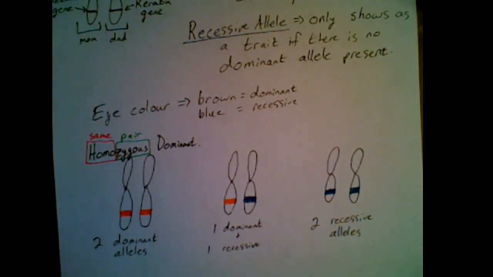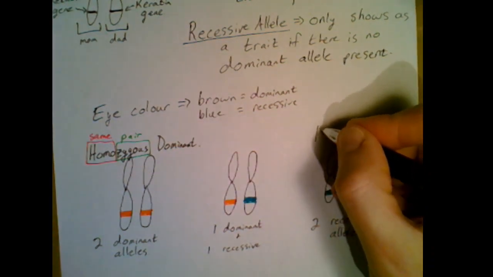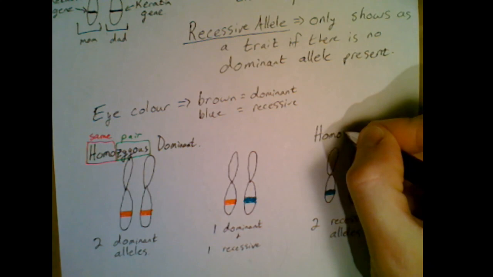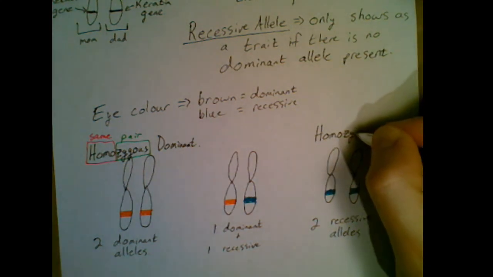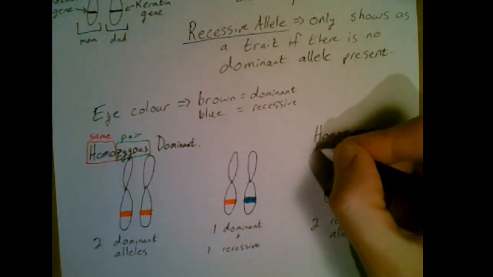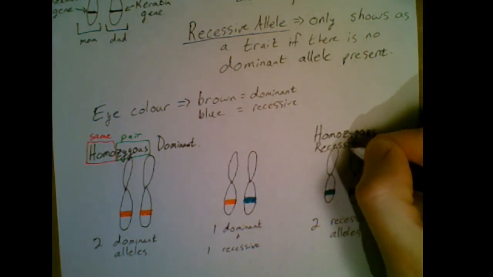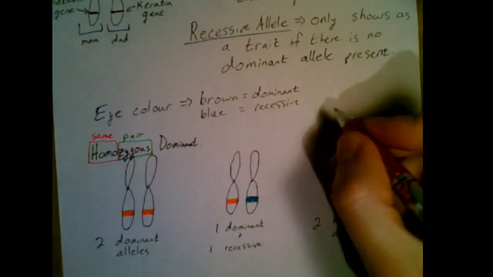You could also have two recessive alleles. So we would call that person homozygous recessive. Oh, there's a G in there. Homozygous recessive. And let's think about what the name means again.